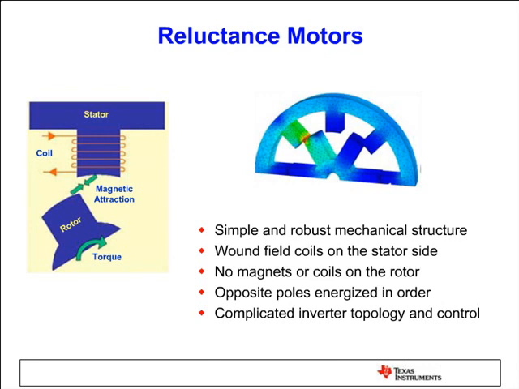We have windings on the stator side, and we have a few stator poles and rotor poles. What we do is excite the stator windings, only opposite poles each time, and the rotor poles are attracted by the stator poles which are excited at that time, of course.